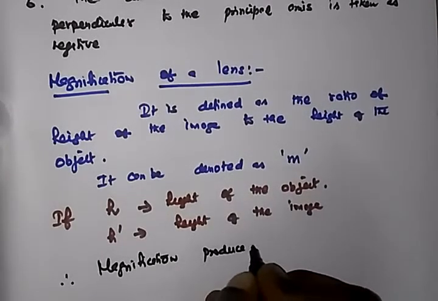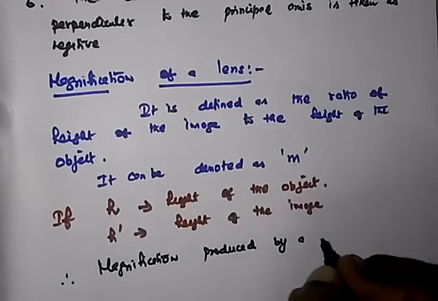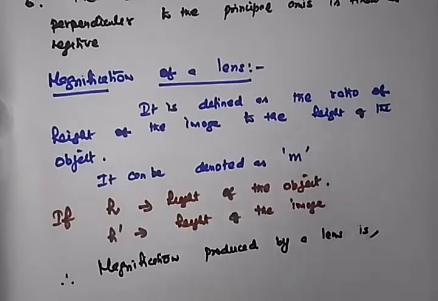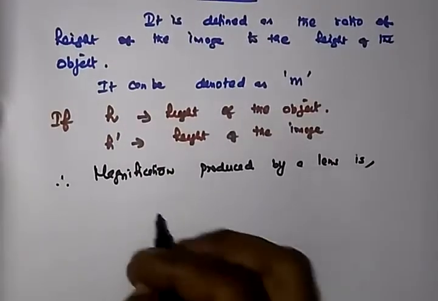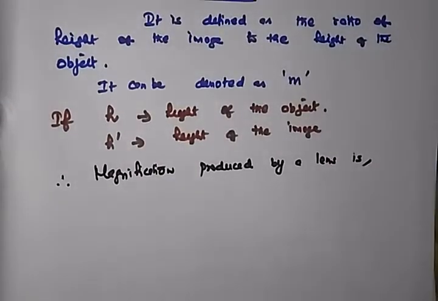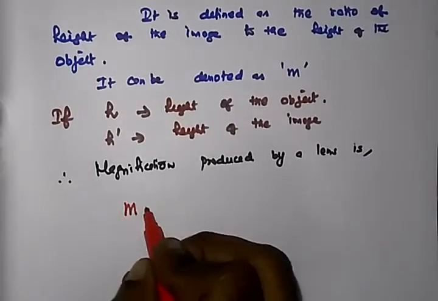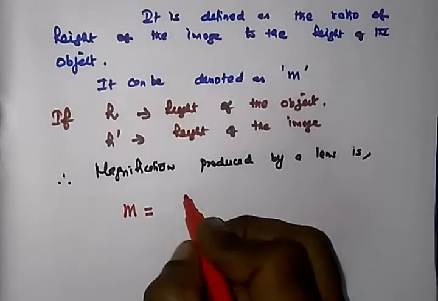Therefore, the magnification produced by a lens, what is magnification? m is equal to, what is that?